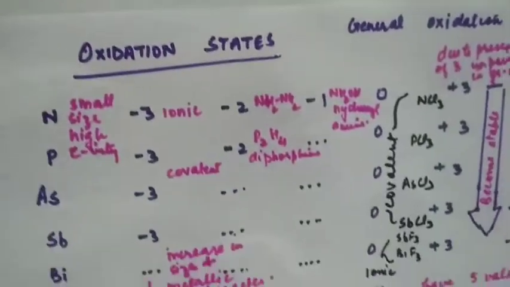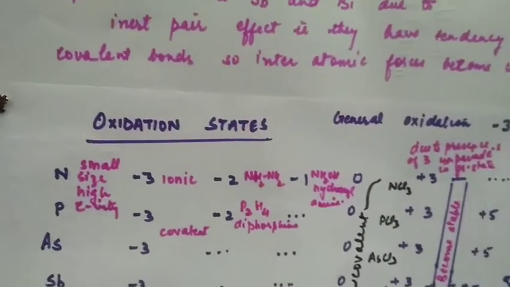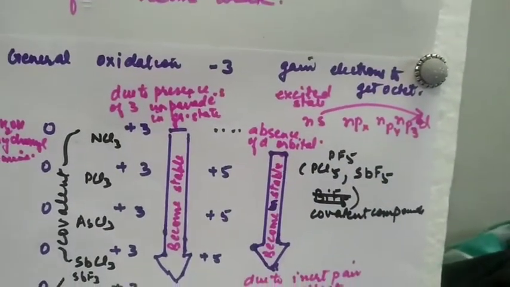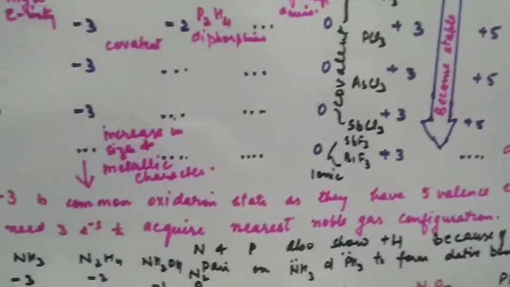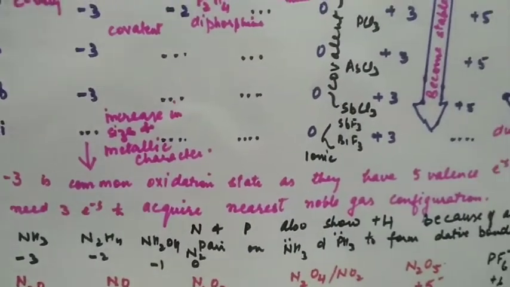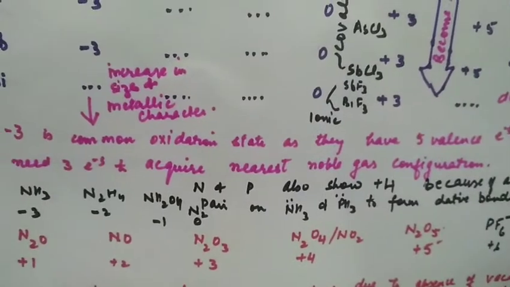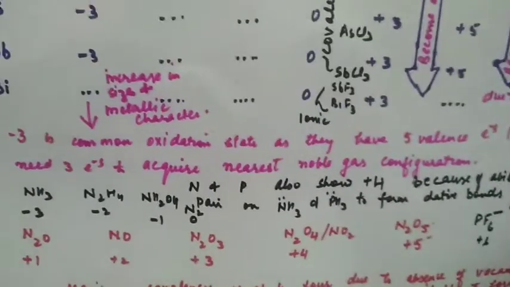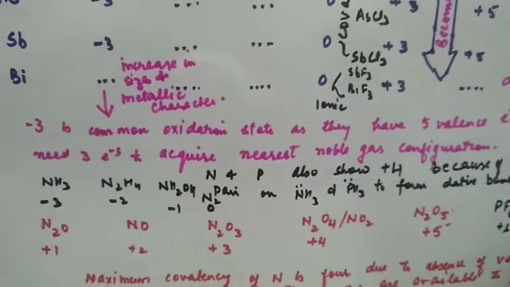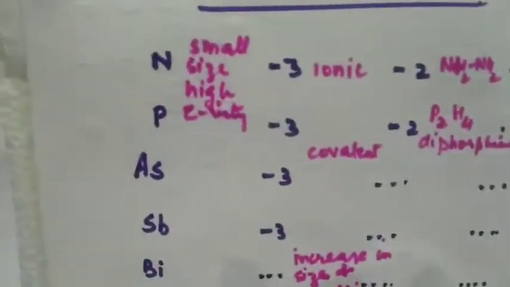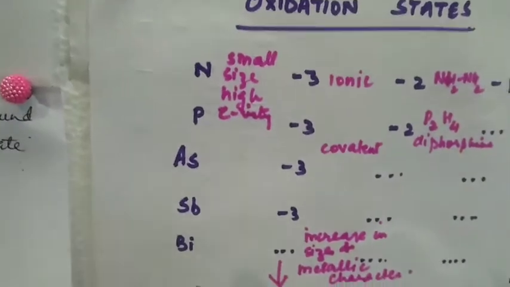Oxidation states. -3 is the most common oxidation state. It has 5 electrons in its valence shell and needs 3 to acquire noble gas configuration. So -3 is the most common oxidation state of all members of the nitrogen family.